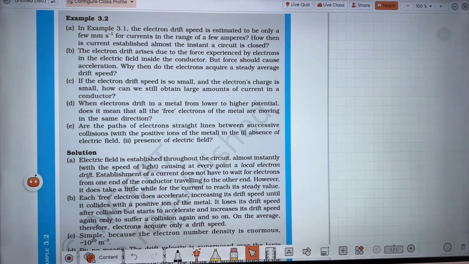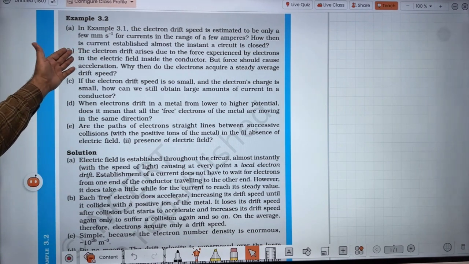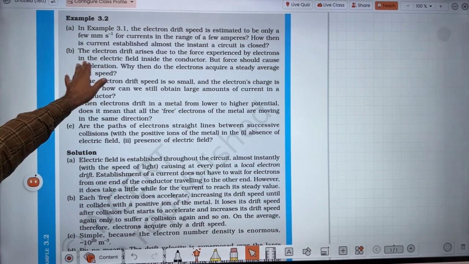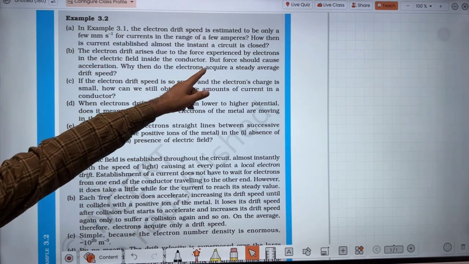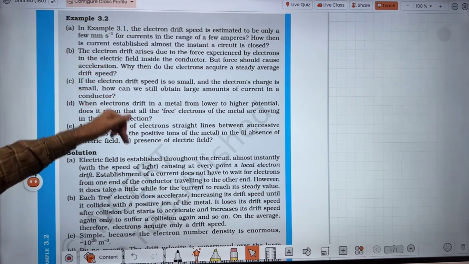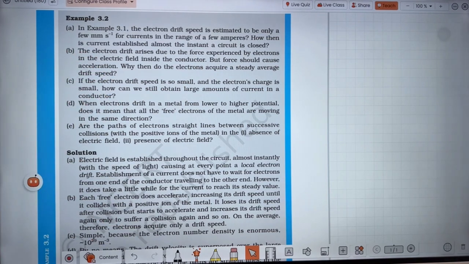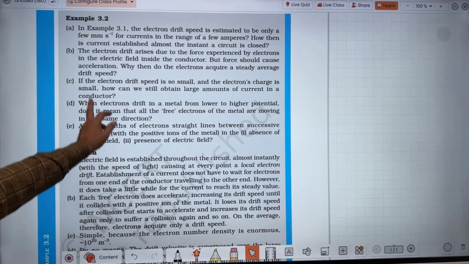We have calculated it about 1.1 × 10^-3 meter per second. The same thing they are saying, that is 1.1 millimeter per second for currents in the range of a few ampere, right? Okay, how then is current established almost the instant a circuit is closed?